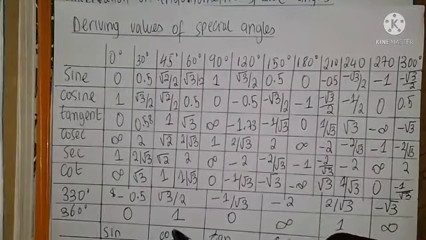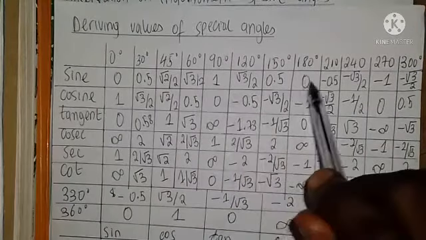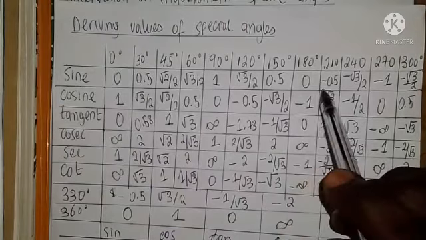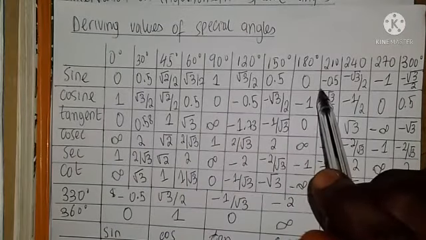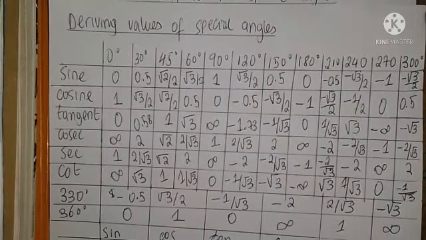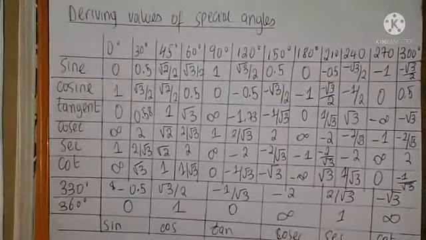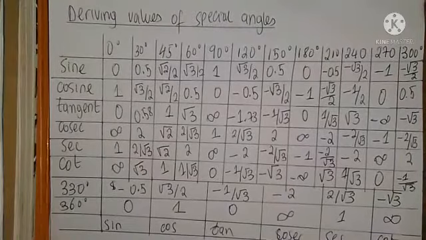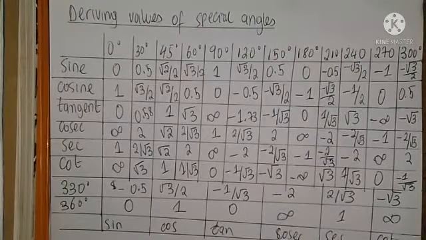What do we get as the first value which is negative? Up till we get a value greater than 180 degree, we do not get a negative value for sine. But you will notice that from 210 onward, we get negative values for sine. Like I said, it will be clearer when we're talking about quadrants. For now, just take it like this.